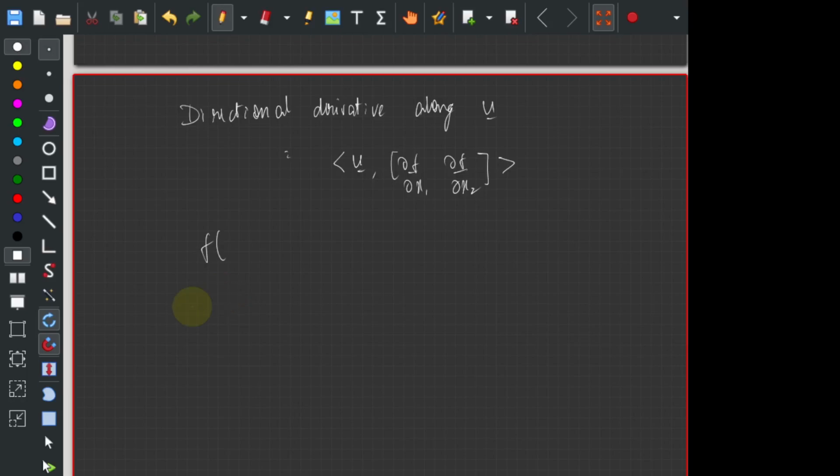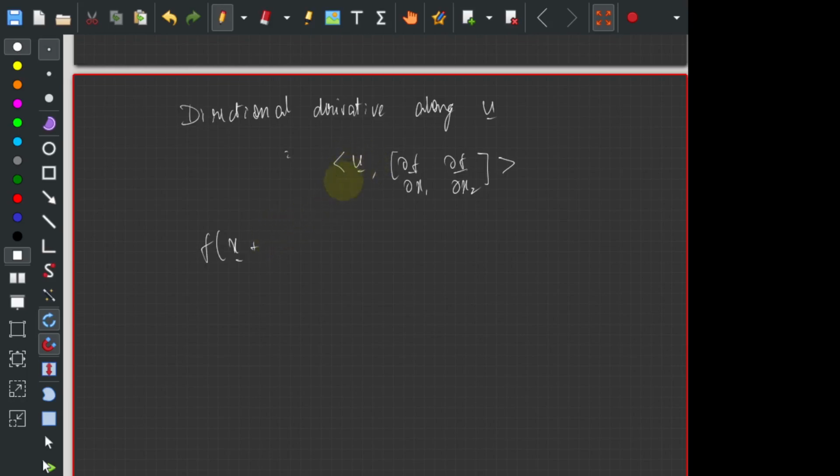So I take a point x1 comma x2, and I give you a particular direction. So essentially, you have f of x plus h p, where P is your direction.